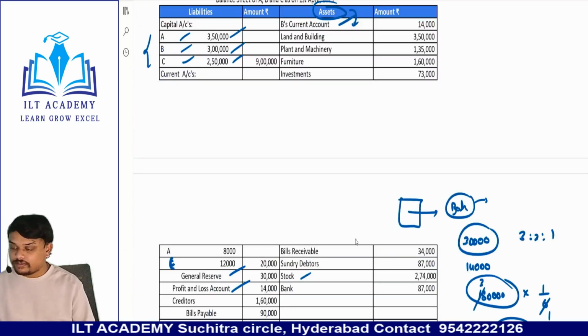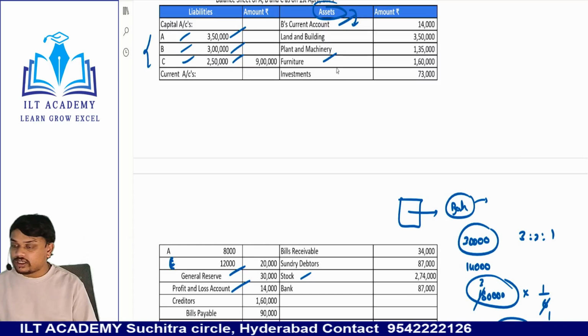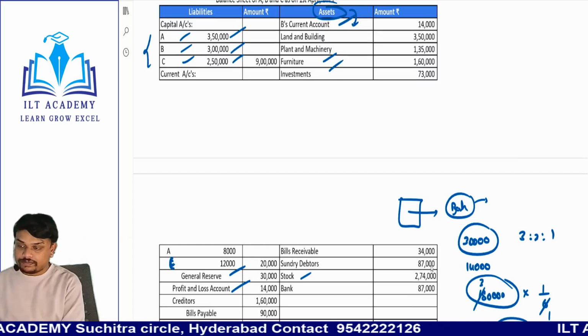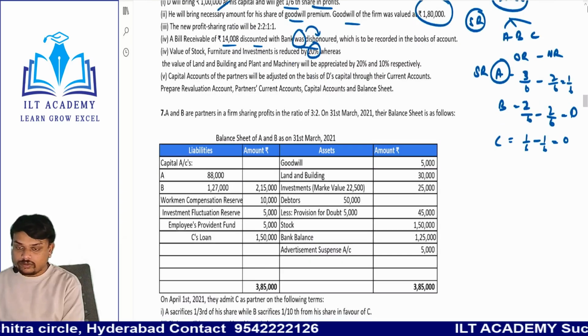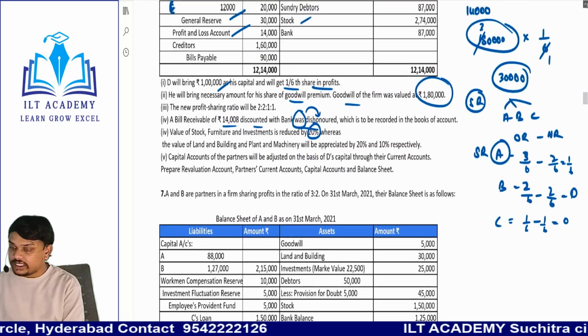Any doubts? So with this we are done with stock, furniture and investments.